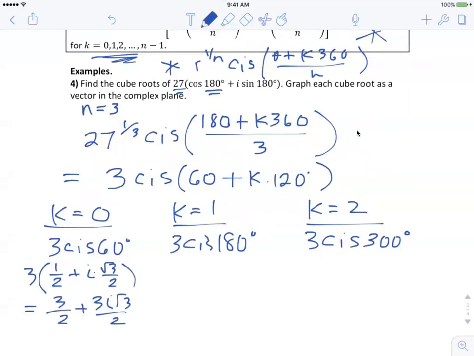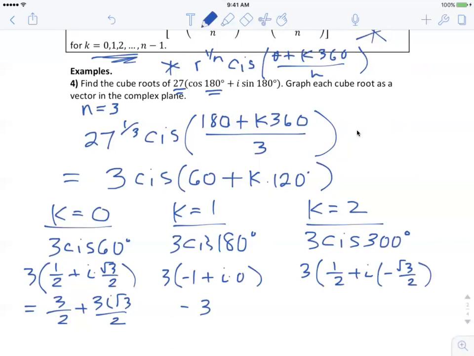3 cis 180, it's 3 times the cosine of 180, which is -1, plus I sine 180, which is 0. So this would equal just -3. And then the 300, let's practice that one. Cosine of 300 is positive 1/2. Sine of 300 is negative root 3 over 2.